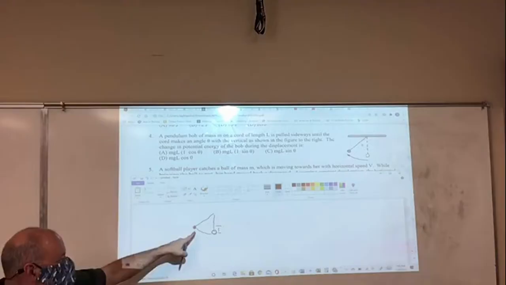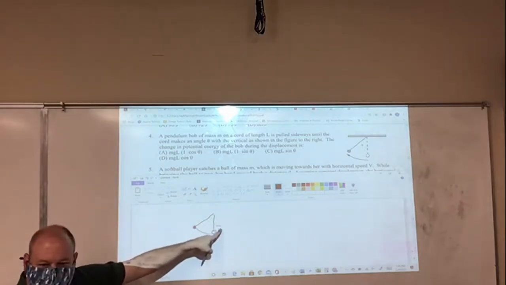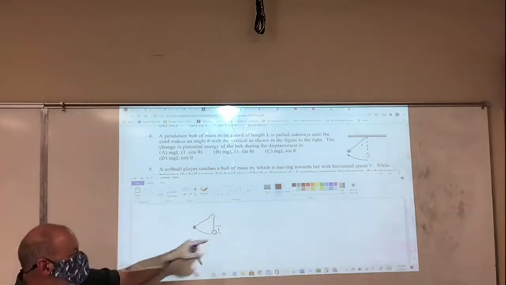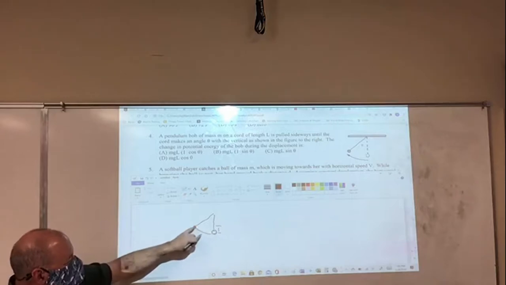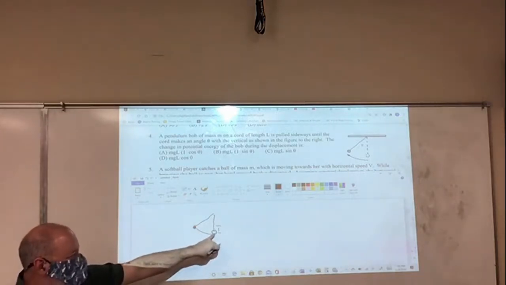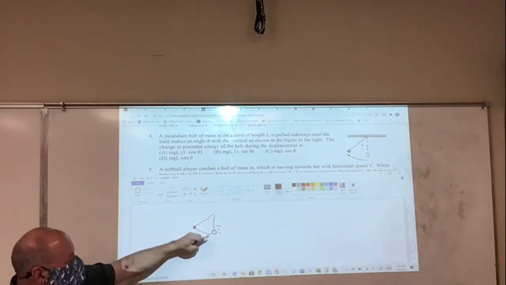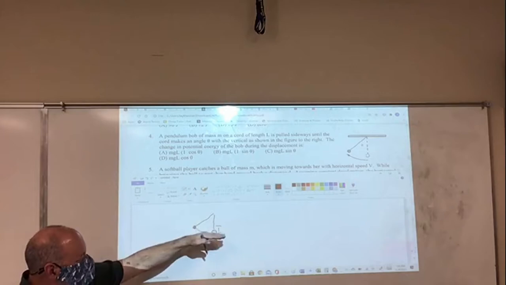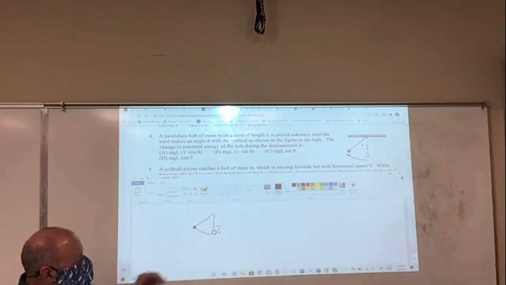Okay, so the only thing that determines how much work I did is the vertical displacement here, right? How far did I move it up? Doesn't matter how far I moved it along this path. The only thing that matters is at this point it has a little bit more potential energy than it did at this point. What happened to it in between doesn't matter. Here it's got a potential energy, here it's got a potential energy. I want to know what the difference in potential energy is.